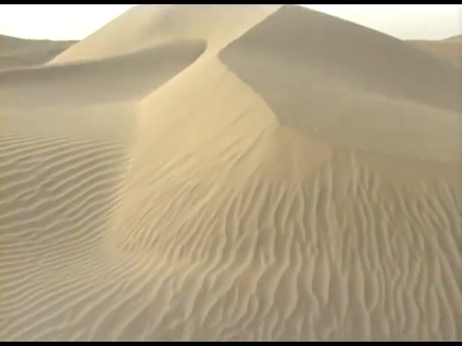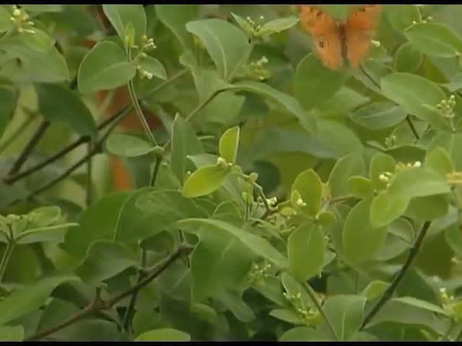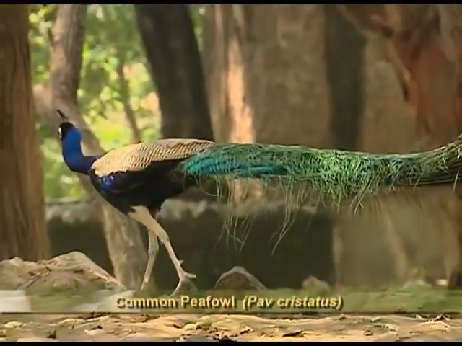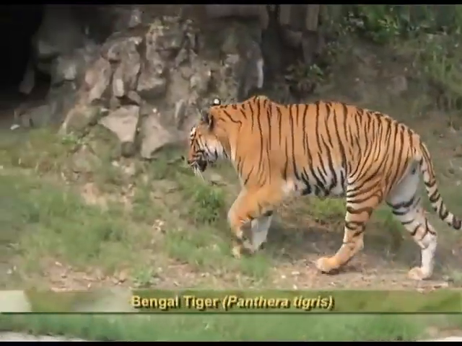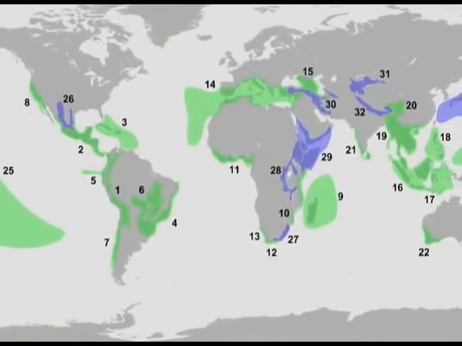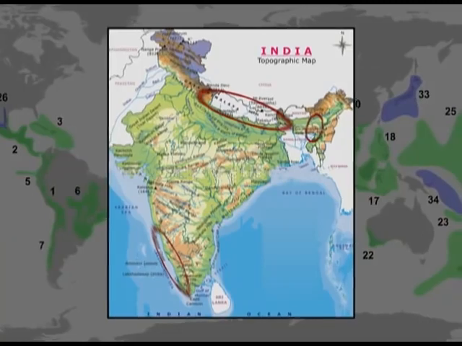India is a mega-diverse country with thousands of rare endemic plants and animal species. Out of the total 34 hotspots all over the world, 3 are in India.